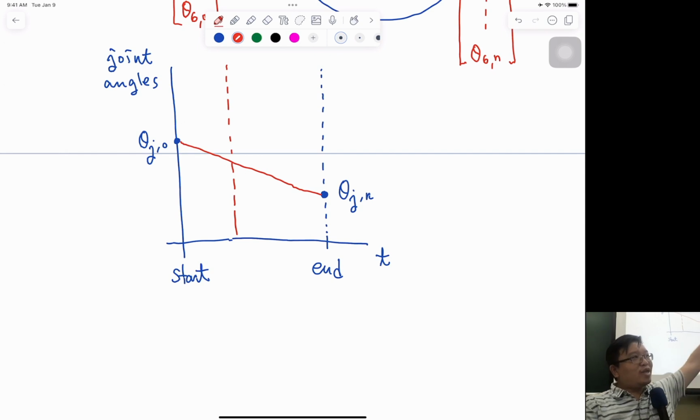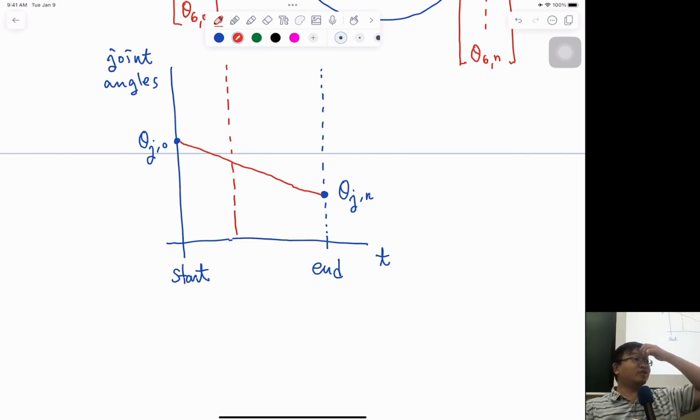Of course, there are so many solutions. You can do this, you can do this. There are infinite numbers of solutions that can reach the target without hitting the cup.